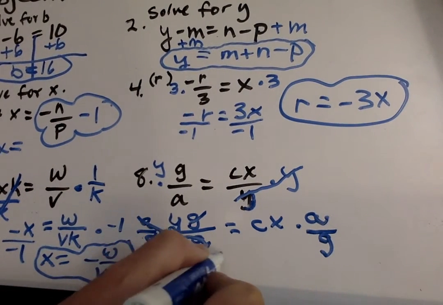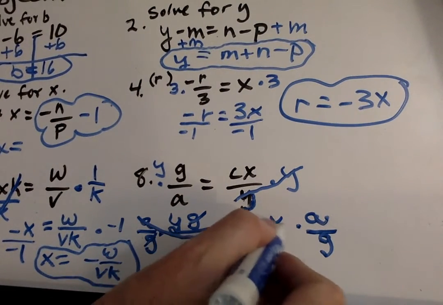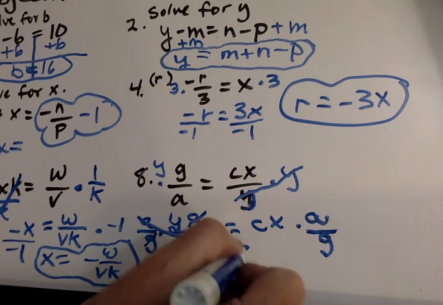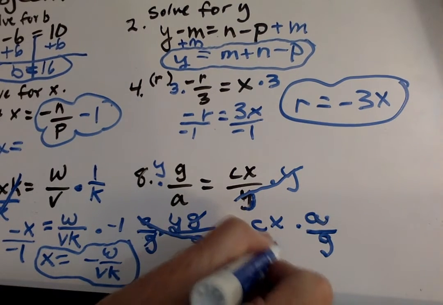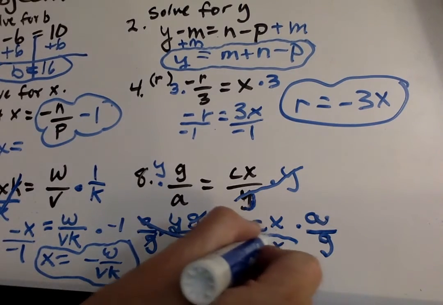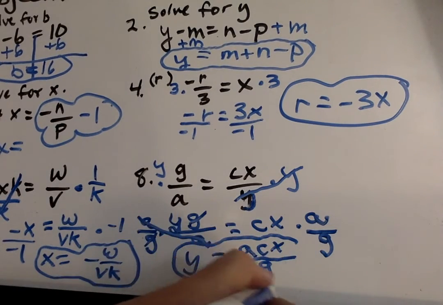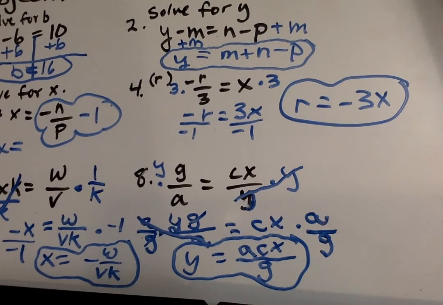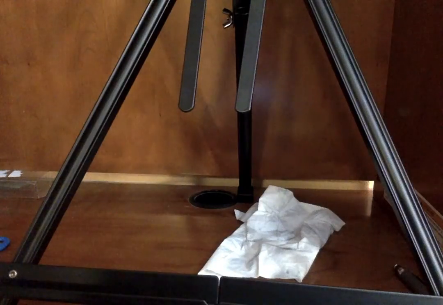So I get y equals C times X times A. I'm going to put A in the beginning. And there's your final answer. Yes, it's a bit of a trickster. So 7 and 8, I would say, are probably a couple of the hardest ones. Let's go on to a couple more on the next page.